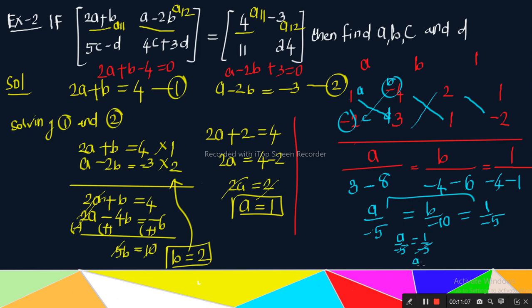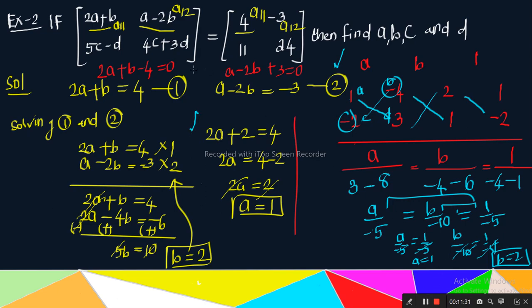Minus 5 cancels, a is 1. Now equate the other: b by minus 10 is equal to 1 by minus 5. Minus cancels, 5 ones are 5, 5 twos are 10. b is 2. If we solve these equations using either method, we'll get the same answers.